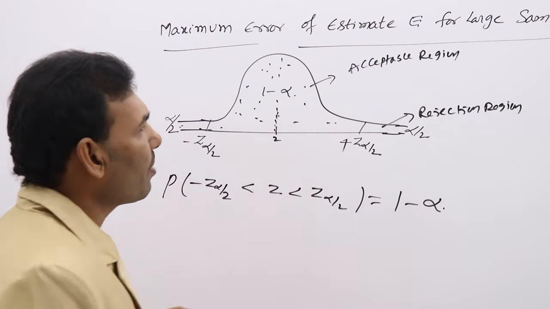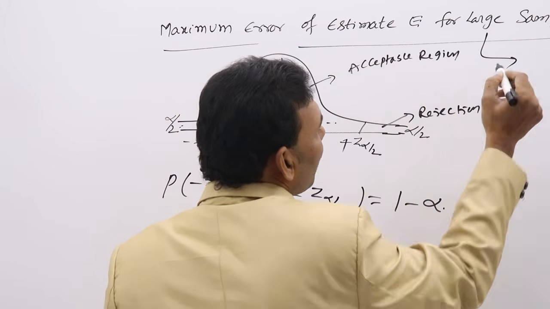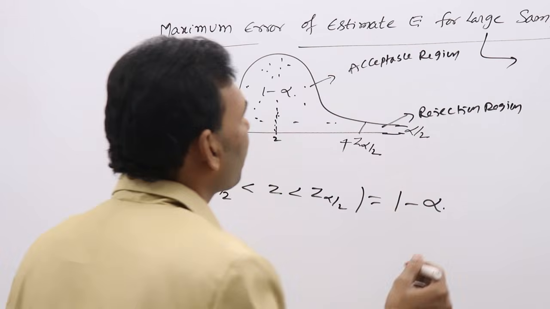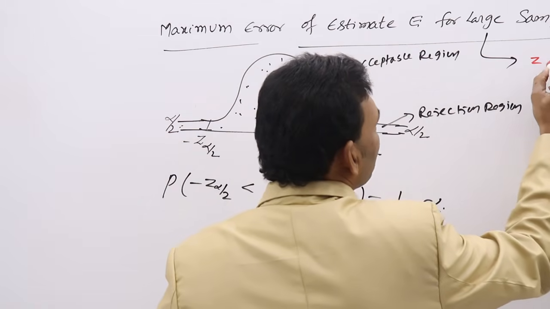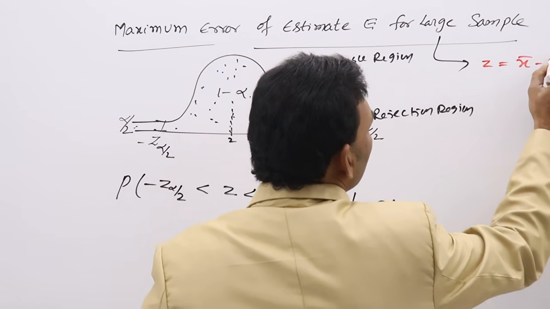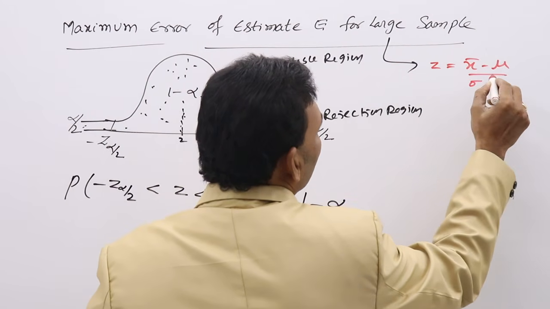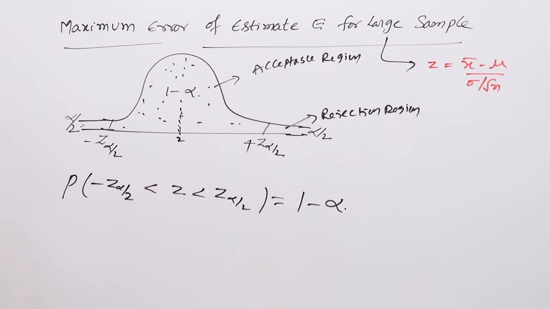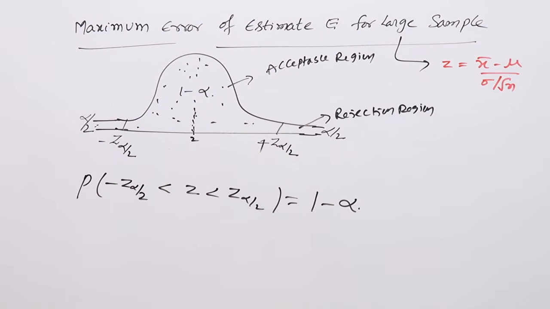But in large sample, z equals x bar minus mu by sigma by root n. Z is a random variable.